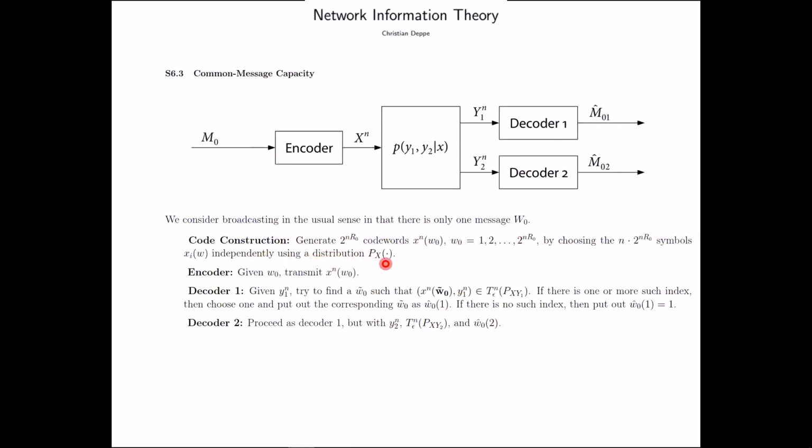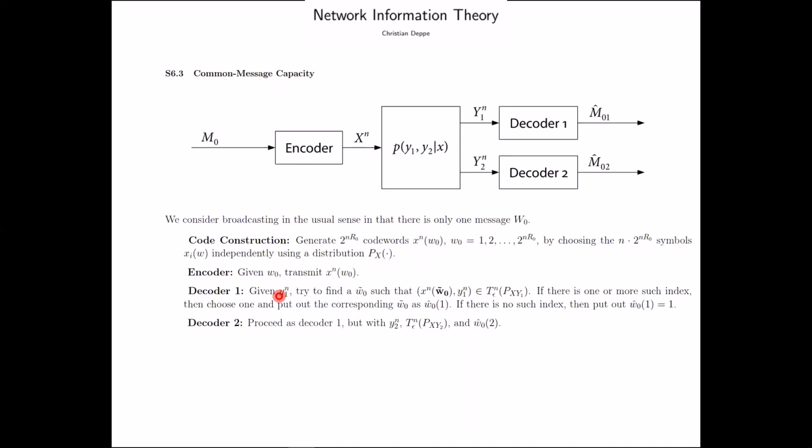So we just do random coding as we did for the discrete memoryless channel. And then we use this randomly designed codebook as follows. The encoder gets a message W0, and then you look at his codebook and transmit x^n of W0.